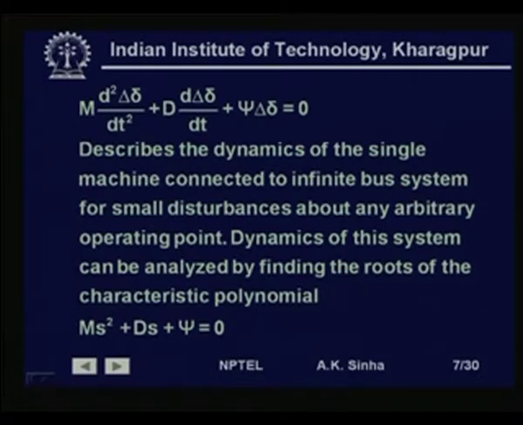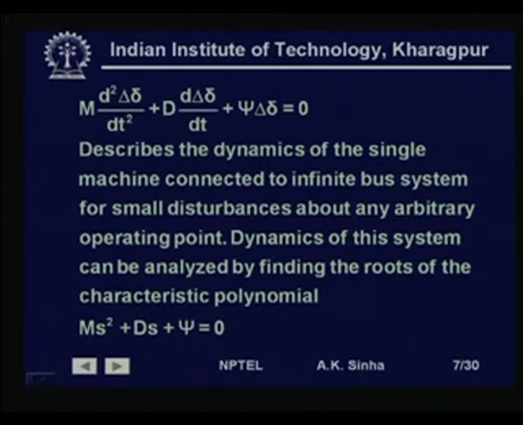Dynamics of this system can be analyzed by finding the roots of the characteristic polynomial. This is a second order polynomial; writing d2, that is the second derivative, as s, that is taking the Laplace transform, we will get m s square delta delta plus d s delta delta plus psi delta delta is equal to 0.